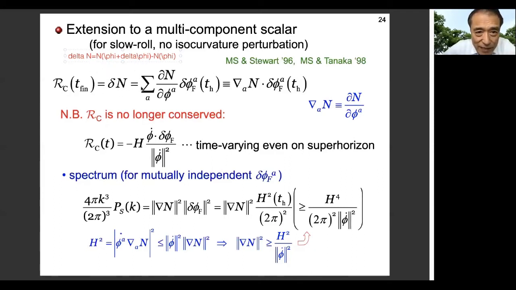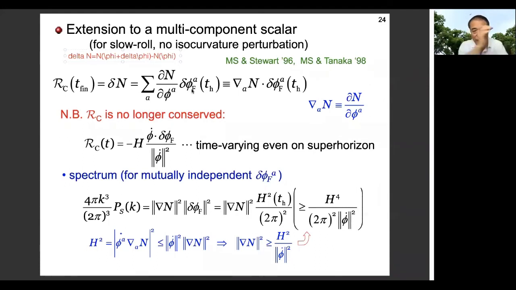At leading order, once you know how the number of e-folds is related to phi as a function, you can easily compute it, and this derivative of n with respect to phi is computed on the background homogeneous universe trajectory. The only inhomogeneity computation comes through the delta phi computation.